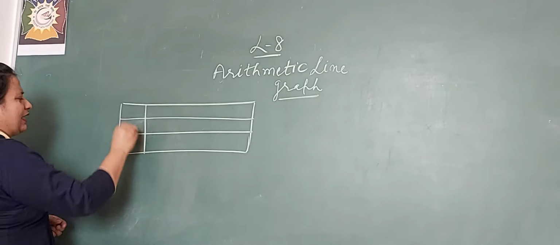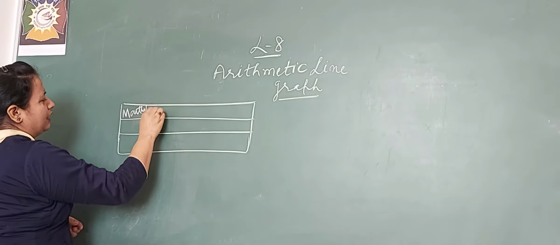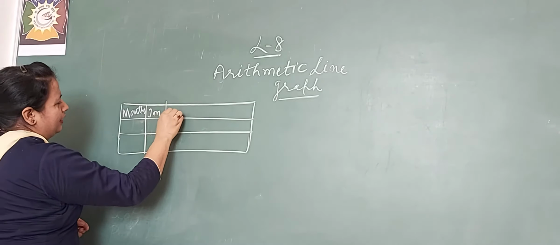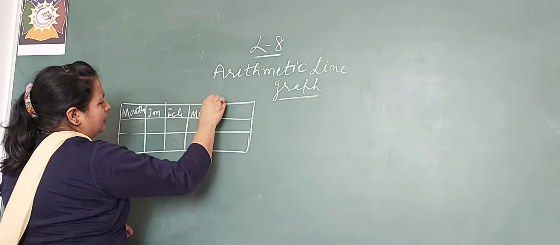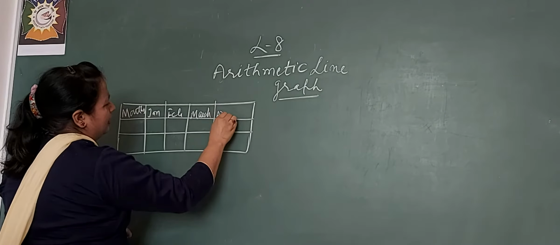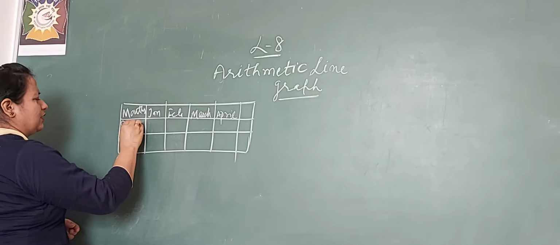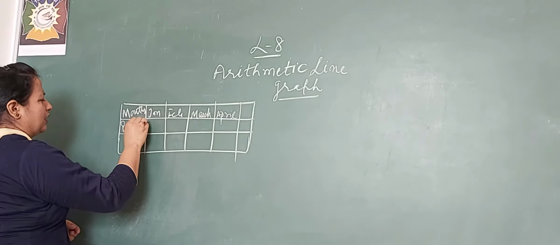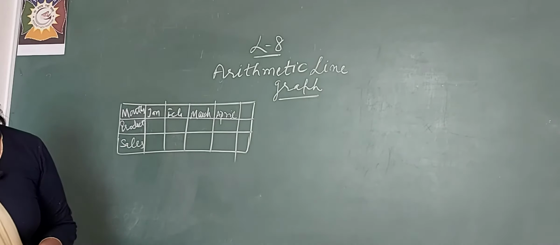It is based on time, that's why I am taking months: January, February, March, April. This is production and this is sales.